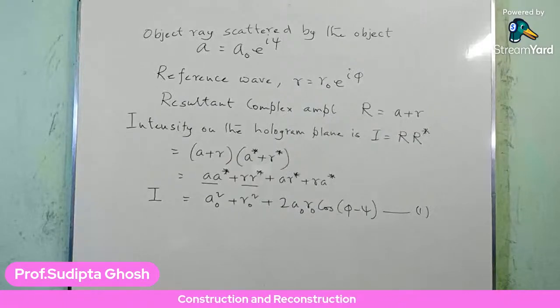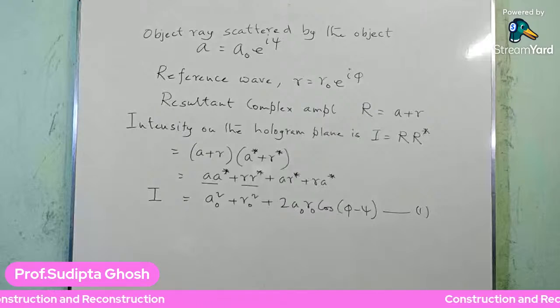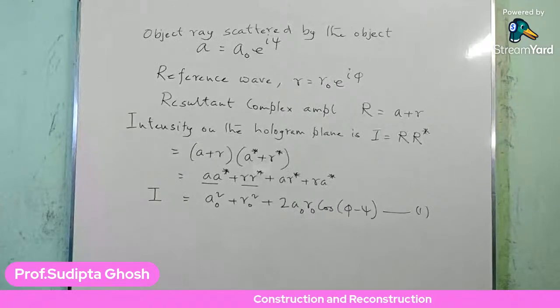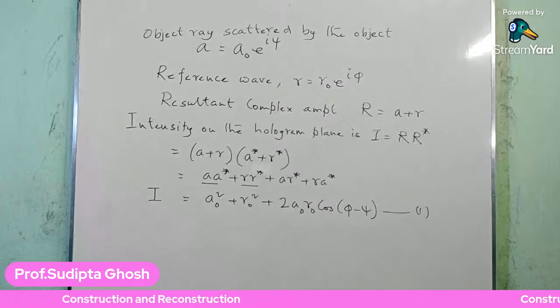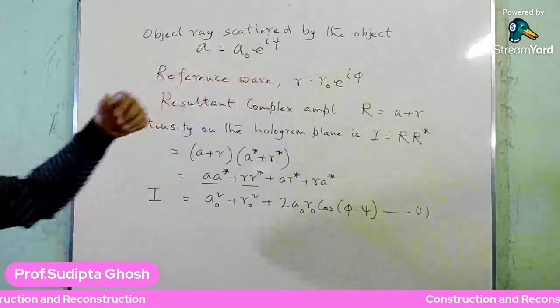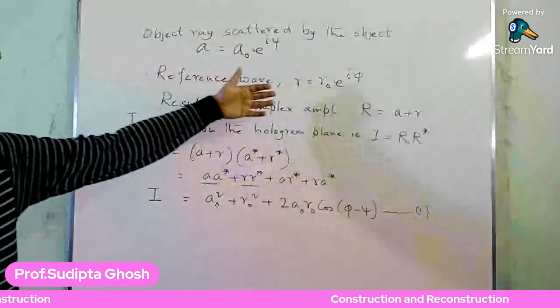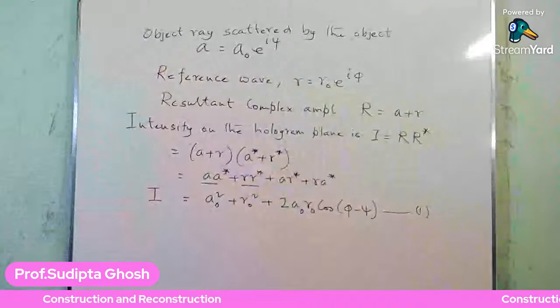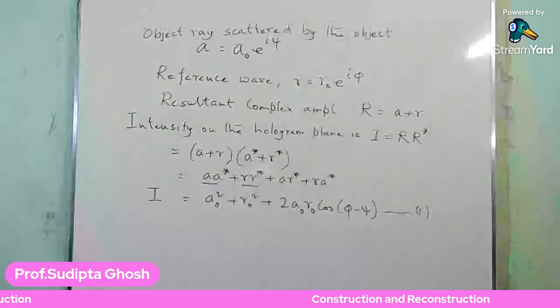Here you can find only two beams. The first one is the object ray scattered by the object, and the complex amplitude is taken as A equals A0 e to the power i psi, where psi is the phase. Then the reference beam is taken as R equals R0 e to the power i phi. These two rays are correlated in terms of phase, that means they are coherent in nature.